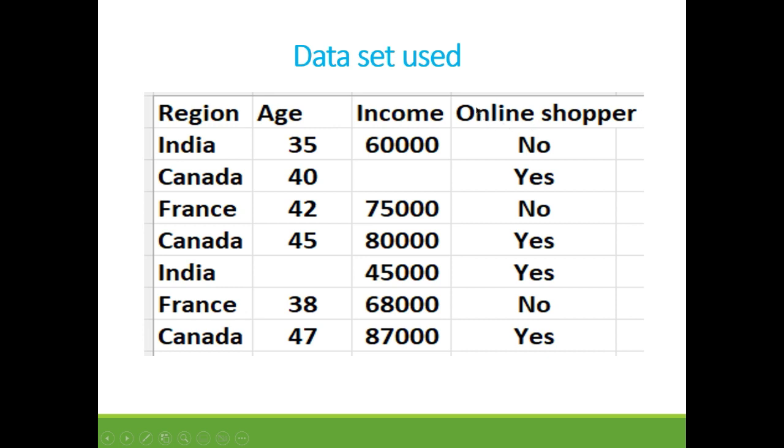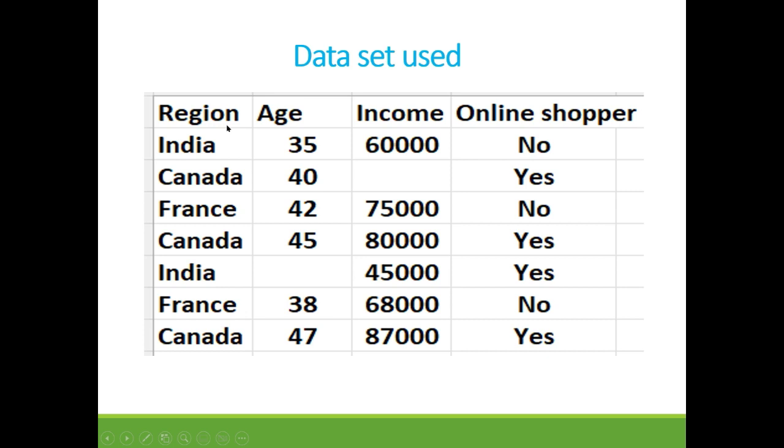The reason we call the last column the dependent feature is that the online shopper column will depend upon the first 3 columns. Whether the person will go for online shopping or not would depend upon these 3 features: region, age and income.